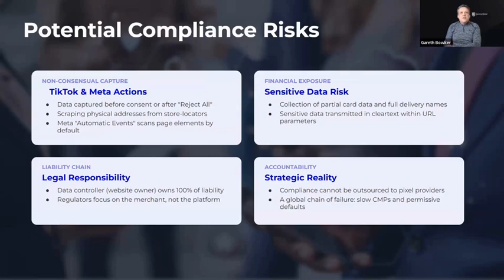You've got inadvertent personal data transmission, so we saw the names, addresses, partial card data. And as David was saying, some of this data was transmitted in clear text within the URL itself. And obviously it's going over HTTPS, so it's on a secure connection, but that still means that it's sitting in browser histories, in server logs, and in any kind of intermediary caches that might exist. Businesses often have proxies and so on to see what people are doing. So I think the attack surface here is quite a bit broader than people tend to assume.